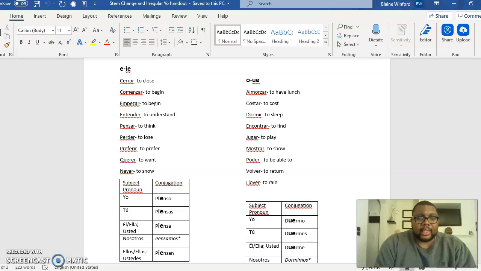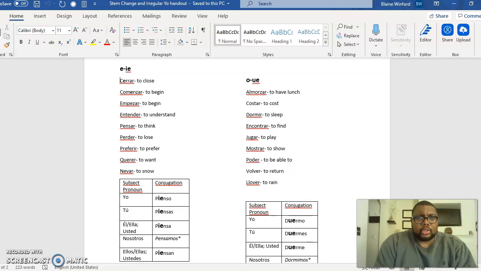Tú piensas. Él o ella piensa. Usted piensa. Nosotros pensamos. Right? Remember what I said about nosotros and vosotros forms. There's no stem change. And I don't have that vosotros form on the chart, but it would be pensáis. And ellos y ellas piensan. Ustedes piensan.